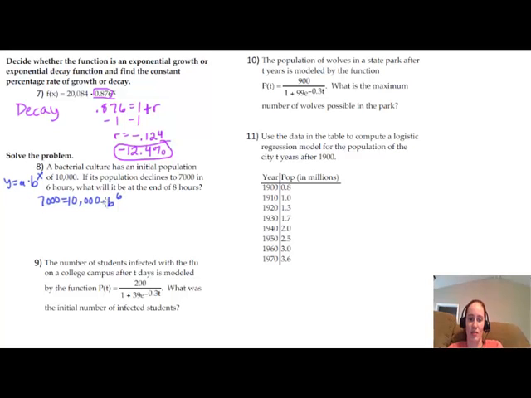Okay, so basically they just told us a point, 6 comma 7,000. We need to find B so that we can use that to figure out how many there will be at the end of 8 hours. So we need to divide the 10,000 over, and that'll give 7/10, which is 0.7.